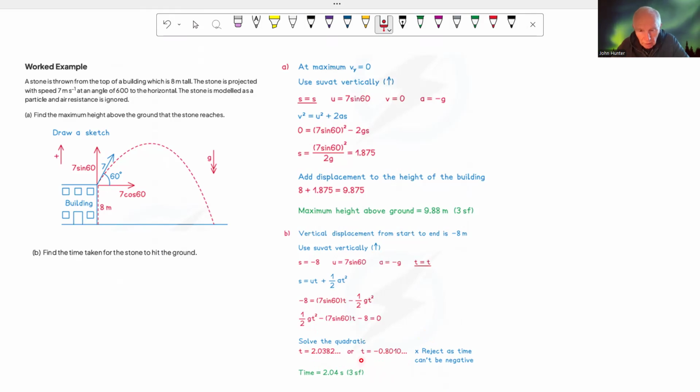So that one goes, and we're just left with this one. And that is the solution. Now, we could go on from here to find the horizontal distance, but it's not in this problem. Okay.